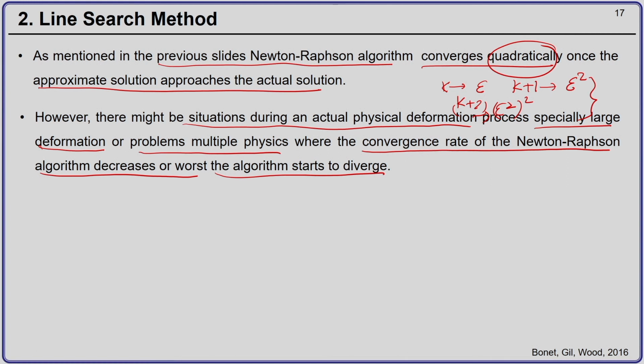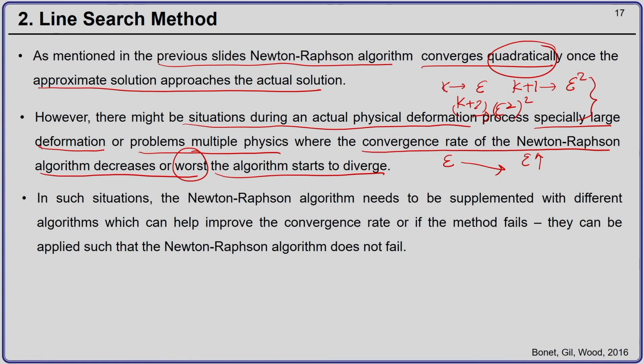So, not only will you find that the error epsilon does not go down fast enough, but in the worst case your error starts to increase, which means that the Newton-Raphson algorithm has started to diverge.